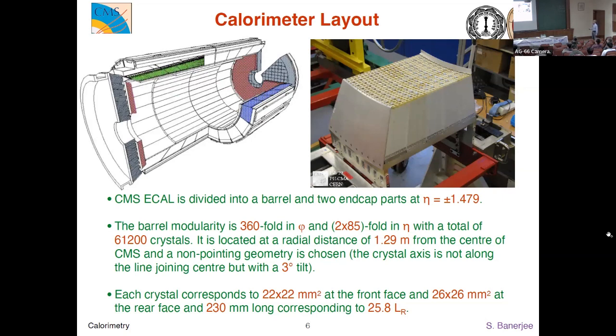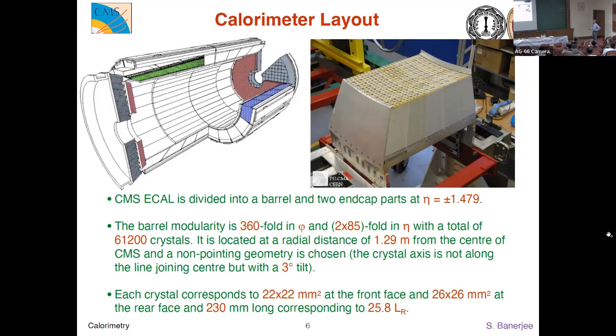We put in about 61,000 crystals in a 360-fold symmetry, so that the accuracy in delta eta and delta phi is at the level of 2 pi by 360, in both cases.